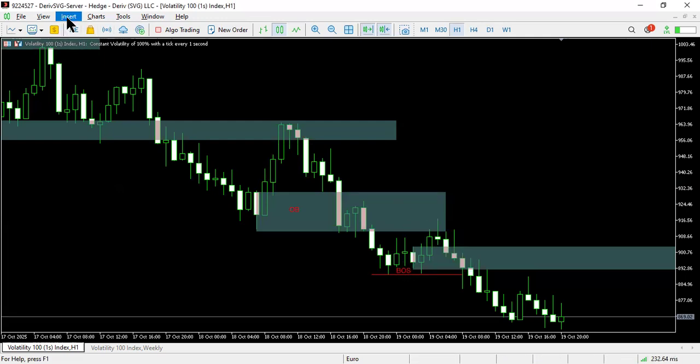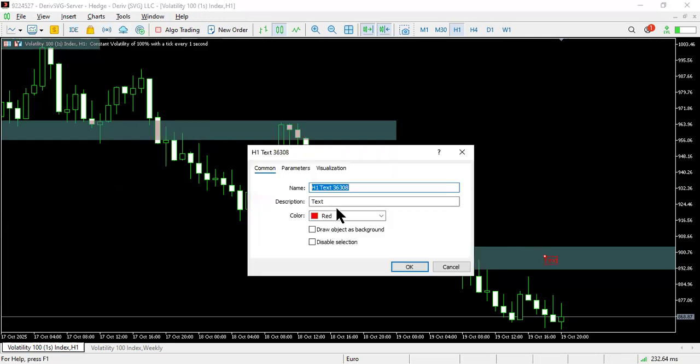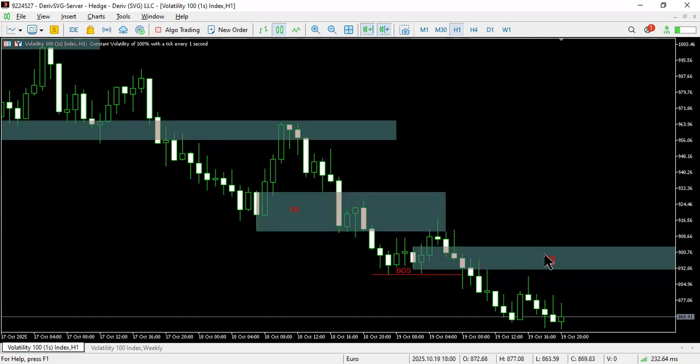And then that is the order block which caused the break of structure, that one which I'm marking right now. So that is our recent break of structure, and that is the order block which caused it.